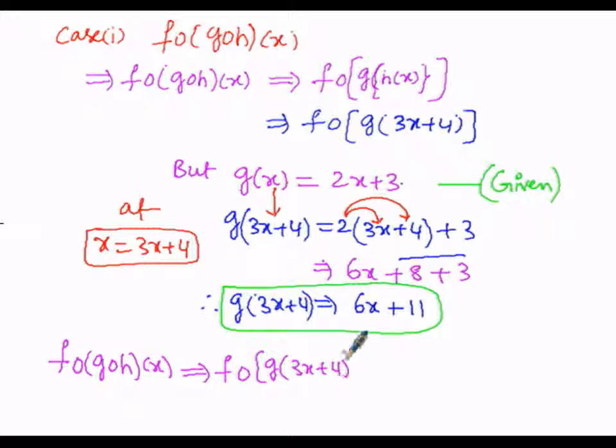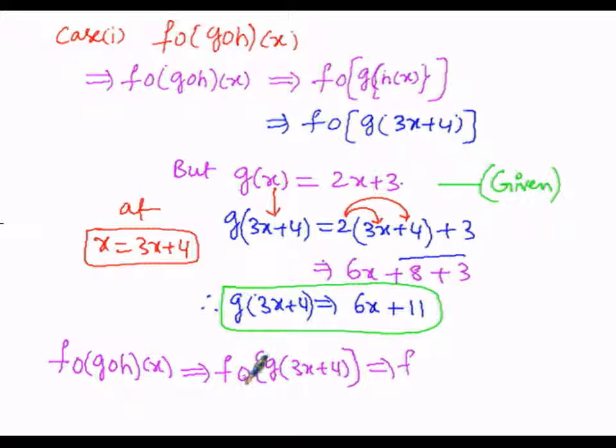Now I am going to replace g of 3x plus 4, whose value is 6x plus 11, and I am going to remove even this circle.